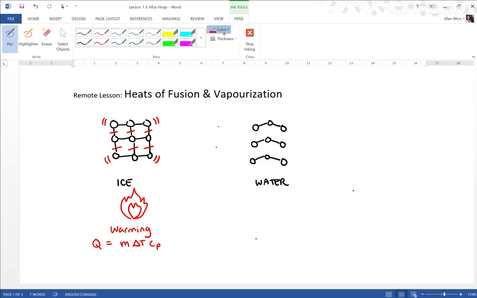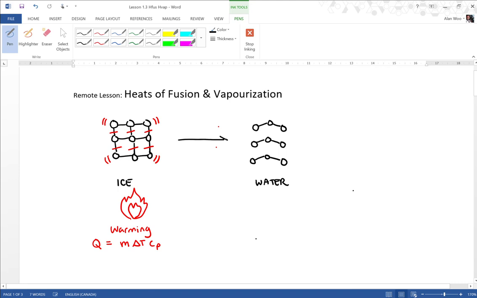It's not as easy as just that though, because at one point, the energy that goes into the object will stop it from vibrating any further, and then it will switch over from vibration to bond breaking.